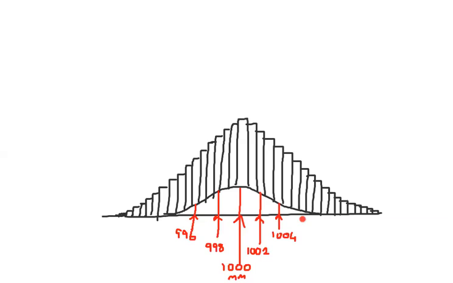Now we can answer the question: how close does the sample average have to be to be considered approximately equal to mu? Almost every sample average fell between 994 and 1006 millimeters.